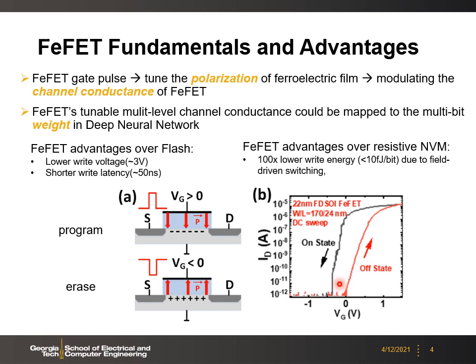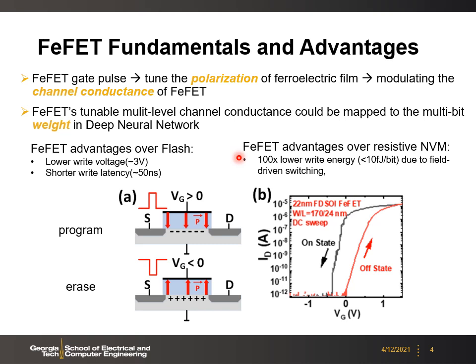Here, the FeFET holds many advantages over regular flash memory, which is also based on the modulation of the threshold voltage by charge trapping. But the FeFET has a much lower write voltage, around 3 volts compared to more than 20 volts in flash. And also, FeFET has a much shorter write latency, about 50 nanoseconds compared to tens of microseconds or more in flash.